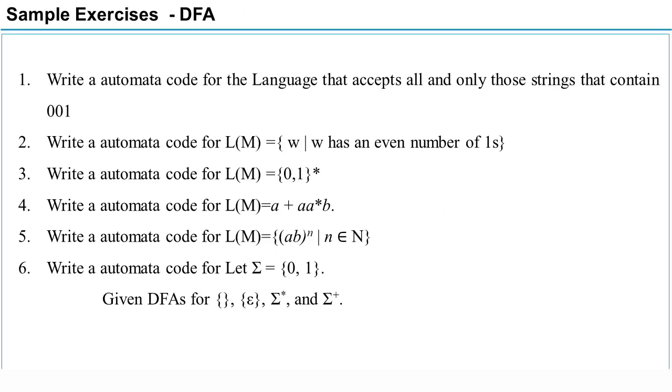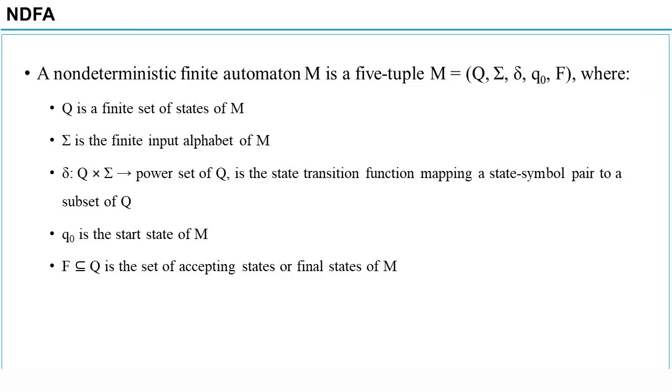You have certain examples to go with for DFA. Now the non-deterministic finite automaton. Again M is a 5-tuple structure where the symbols are given for representation.